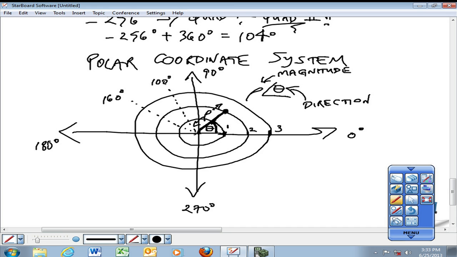And if we come out right here, let's say this is 240.